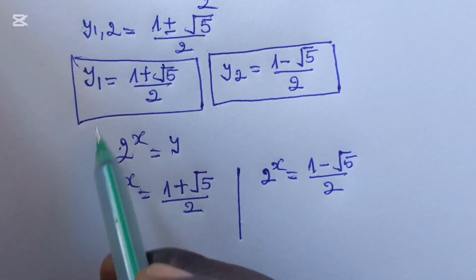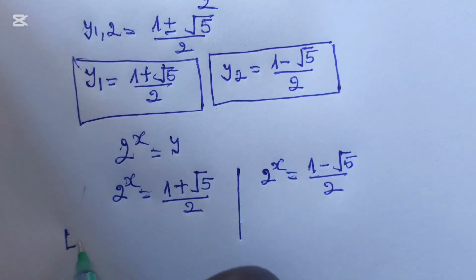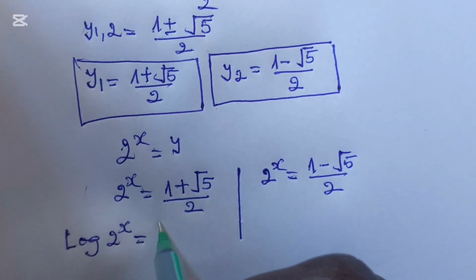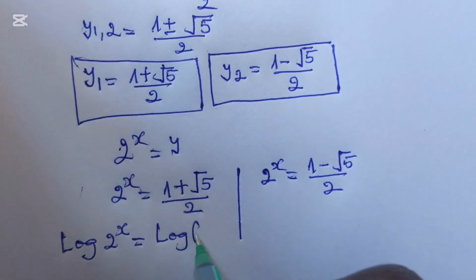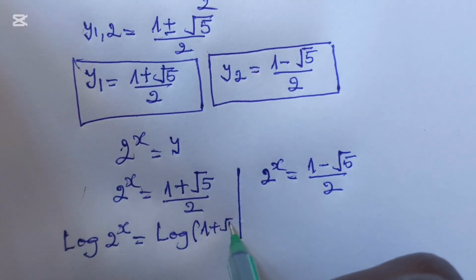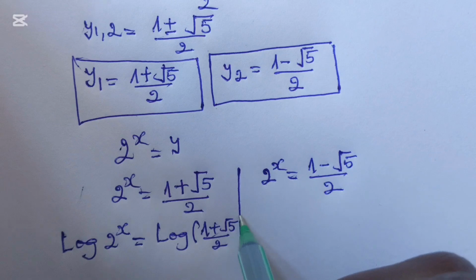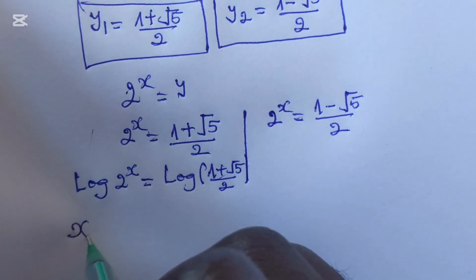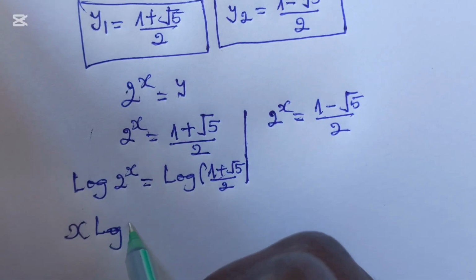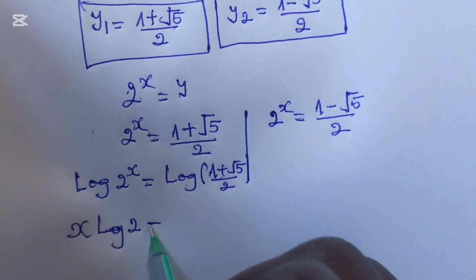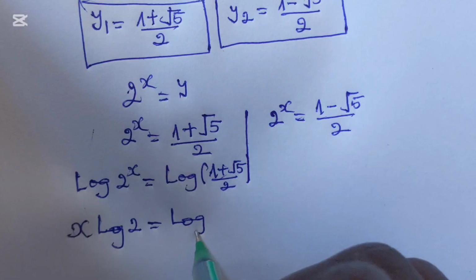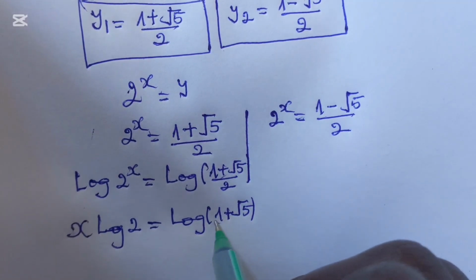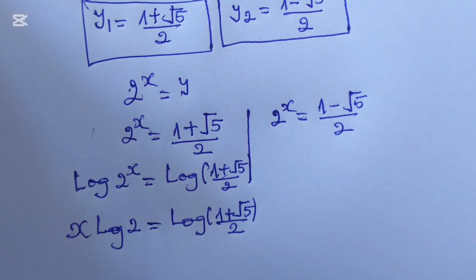The first one, here we will apply logarithm. We have logarithm of 2 to the power of x to be equal to logarithm of 1 plus square root of 5 over 2. Now here x logarithm of 2 will be logarithm of 1 plus square root of 5 over 2.